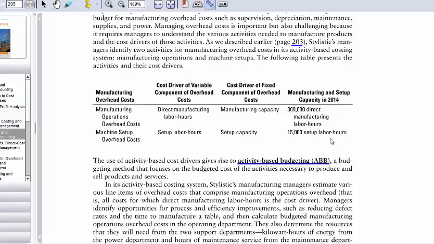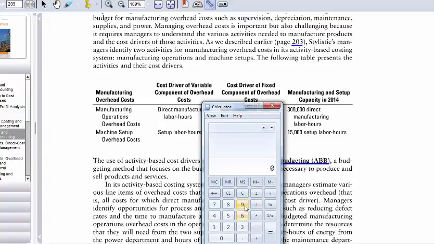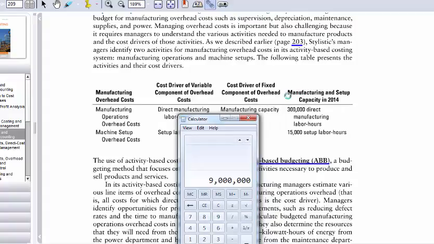All right, so we would have a formula where we would take the total $9 million and plug that in. $9 million divided by a total of 300,000 estimated labor hours required for the period.